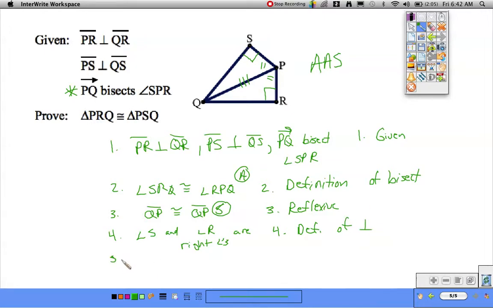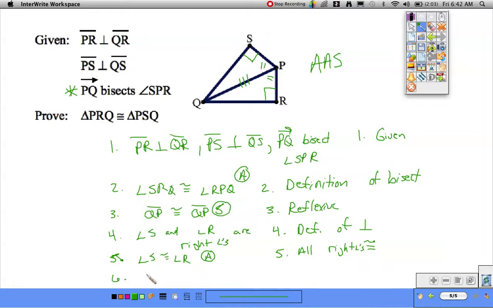Then in statement number 5, I can say angle S is congruent to angle R because I know that all right angles are congruent to each other. And there's my third statement giving me my second pair of angles.